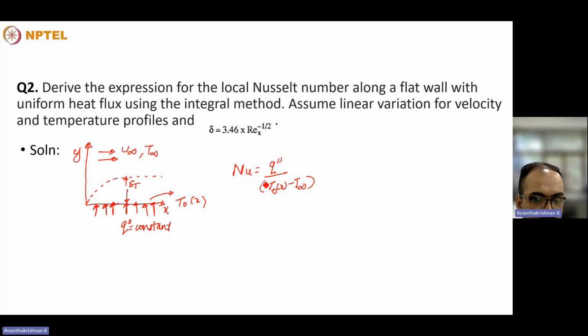The Nusselt number at a local point is h multiplied by x divided by k. So this is the equation. For determining this, we require the temperature profile, and represent it as 1.